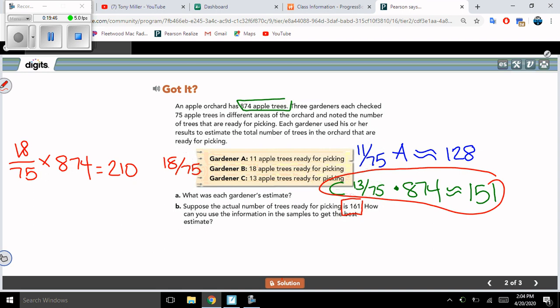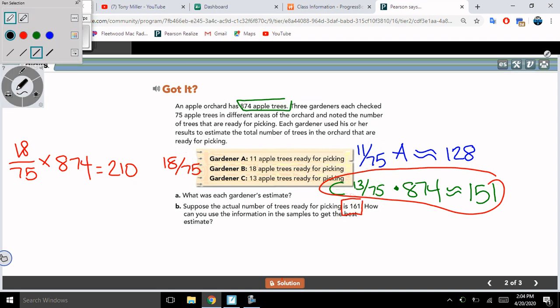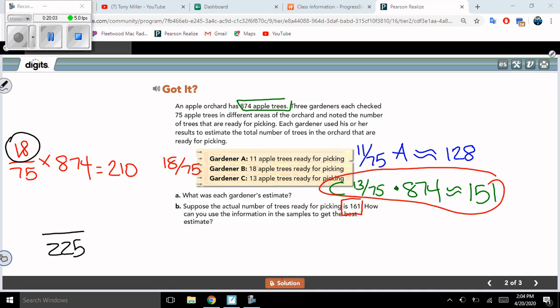So if we took all of that and we said, hey, we've got a total of 75 plus 75 plus 75, I believe that's 225 trees. And we have 18, we have 11, it's 29, 29 and 13 is 42, 42 divided by 225.